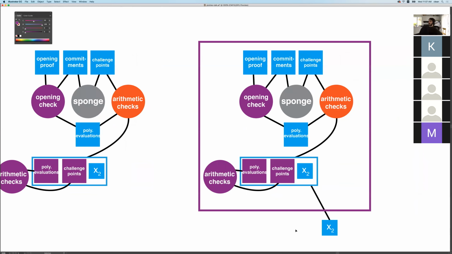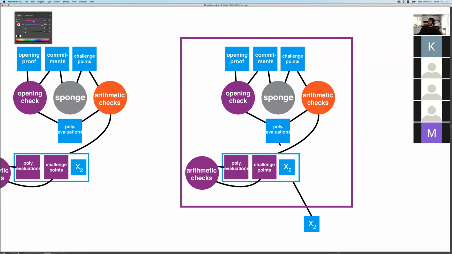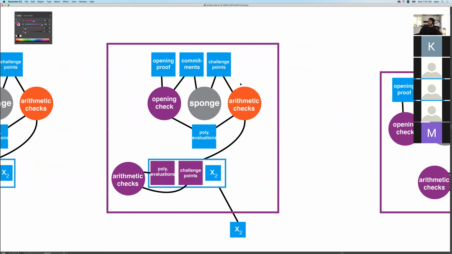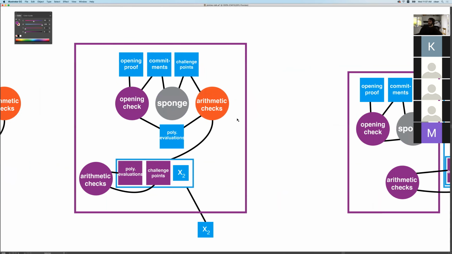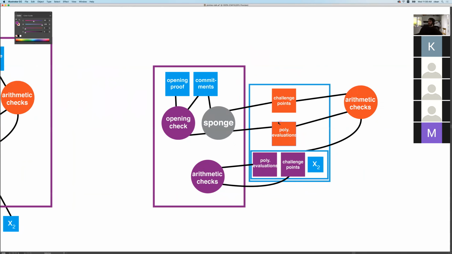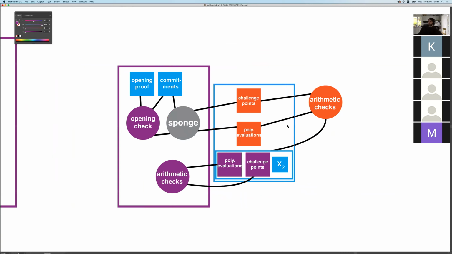Again, we're going to try and wrap this up in a purple proof. That's going to require that we pull out this orange bit here. So we pull out the orange bit, and now we're in the following situation where our public input consists of the orange challenge points, the orange evaluations, the purple challenge points, the purple evaluations, and the actual true public input that we actually care about.